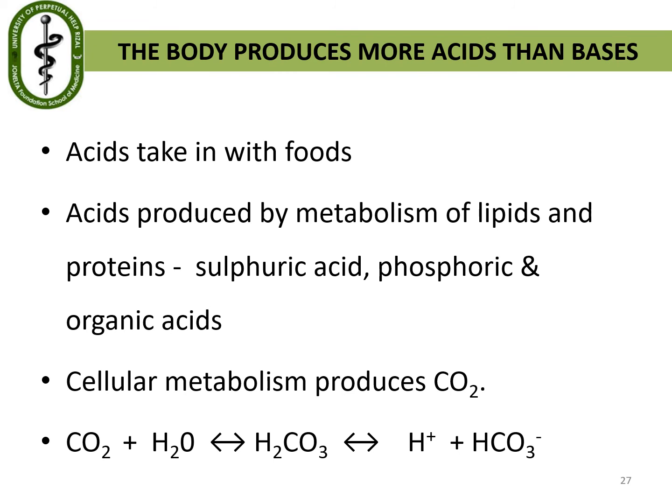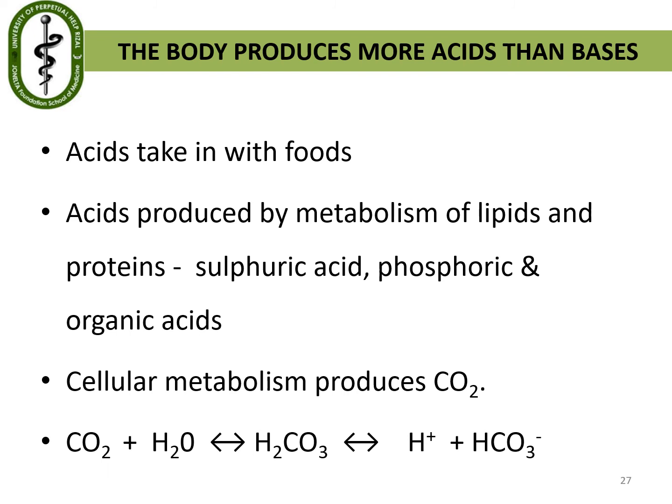Again, in physiologic conditions, the body produces more acid than bases because acid can come from food. Acids are produced by the metabolism of our lipids and proteins, and even of our carbohydrates.